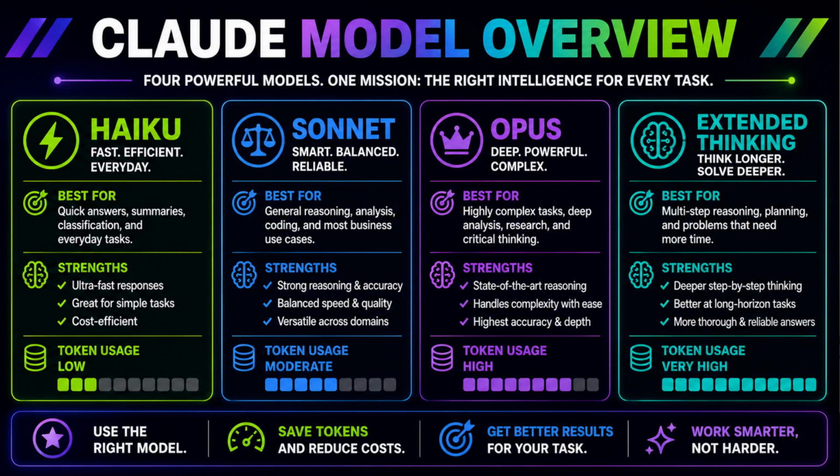Opus is the deep reasoning model, better for complex analysis, advanced workflows, and multi-step reasoning. And extended thinking adds additional reasoning cycles, allowing the model to spend more compute working through difficult problems. Everything in this video comes down to trade-offs.